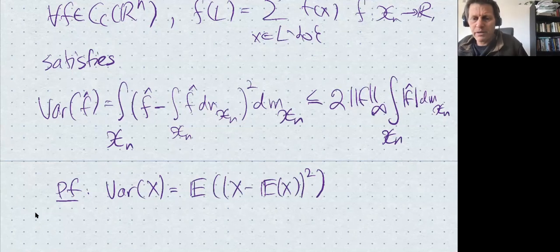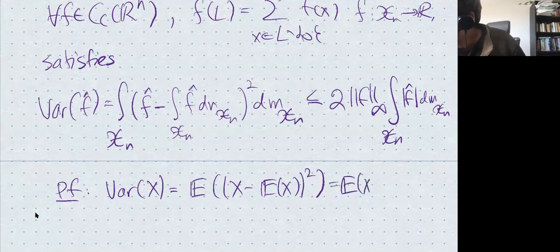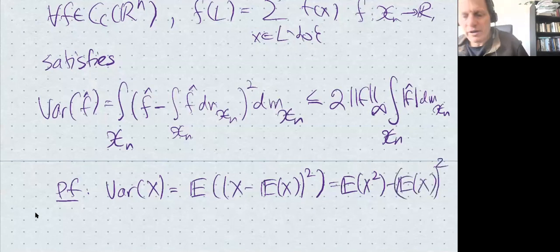And if you open up this square by the binomial theorem, and you remember that expectation, which is integration, is a linear operation, you get that this is the same as the expectation of x squared minus the expectation of x, quantity squared. Okay, so I'm not writing it down. This is a trivial formula from probability that you can check for yourself.